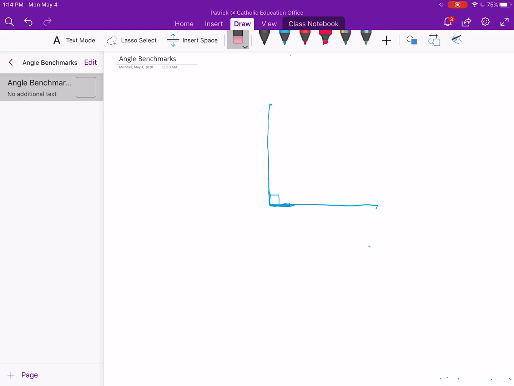So I have a 90-degree angle. Now angles, as you've seen in other videos, are really a measure of a rotation or a turn. So this angle started here at 0, didn't rotate at all, and then it rotated, it turned up to here.